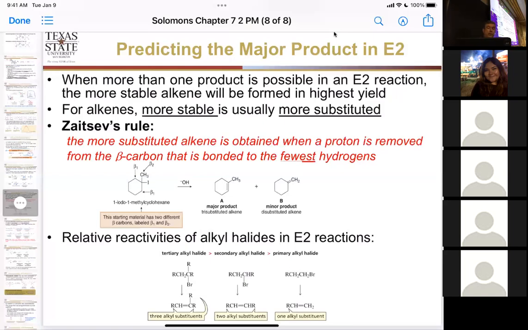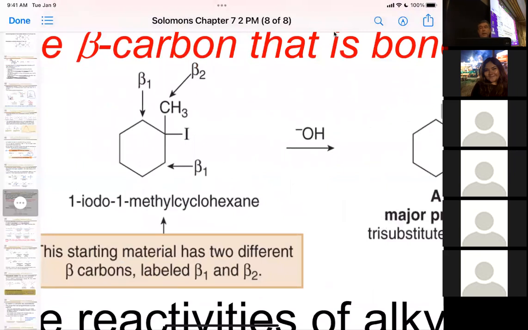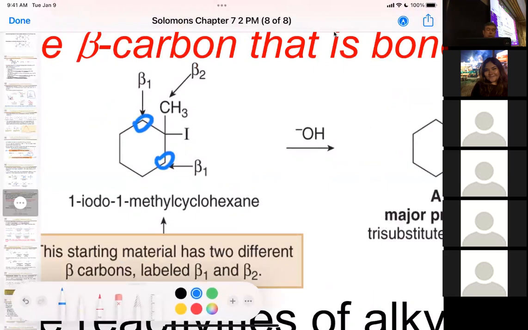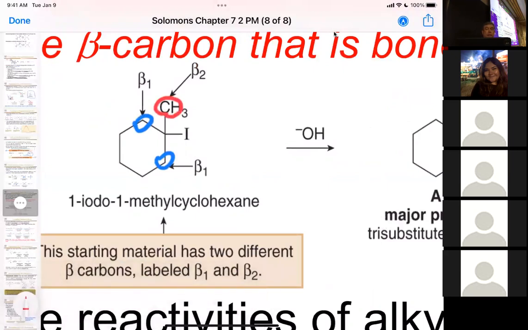So what we can do is look at this and say, okay, on this example here, we have beta hydrogens here, and those are the same as those because they're both secondary beta hydrogens. And we also have these beta hydrogens, and those are primary beta hydrogens. Okay. So which beta hydrogen is going to be preferred to pull off, a primary beta hydrogen or a secondary beta hydrogen?